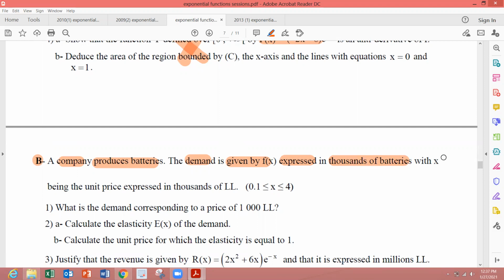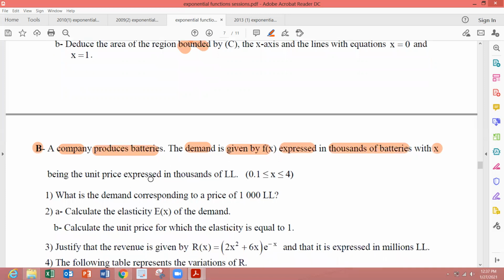Thousands of batteries. Well, X is the price expressed in thousands of Lebanese lira. X is between 0.1 and 4. It is very important, this one.